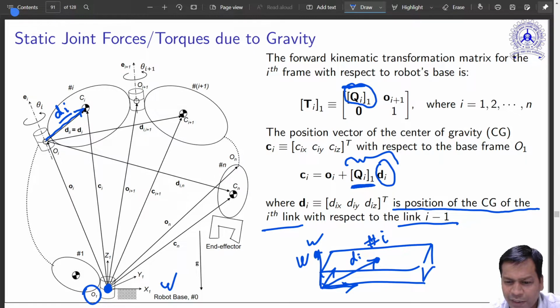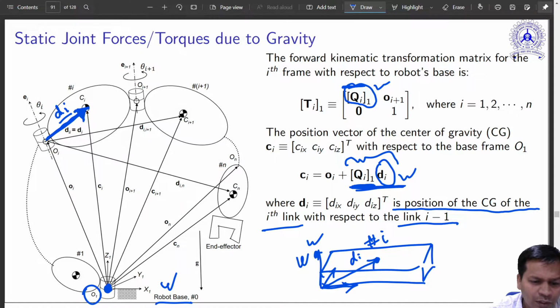This is the rotation matrix that we already know through forward kinematic transformation. d_i is known in its own frame, so I just rotated that with respect to the base so as to obtain this. Now this vector d_i is expressed with respect to the robot base. In this frame I am now expressing it. So now this vector is known in this frame, got it. So d_i is known. This is known. You already know o_i. How?